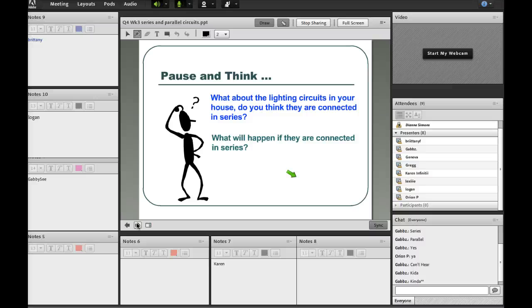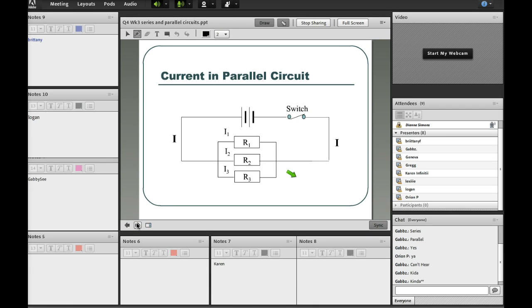Okay? And why do you think it's wired in parallel? Because if one light bulb goes out, the rest shouldn't. Yeah. If the light bulb in your bedroom goes out, why in the world would that make a difference to the kitchen? But if it were in series, it would make a difference.